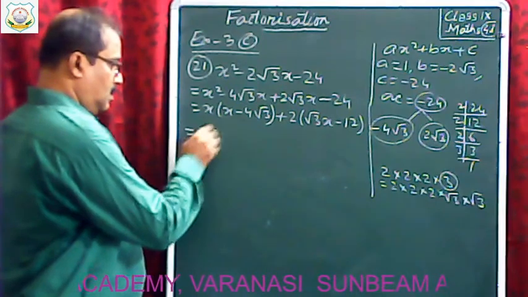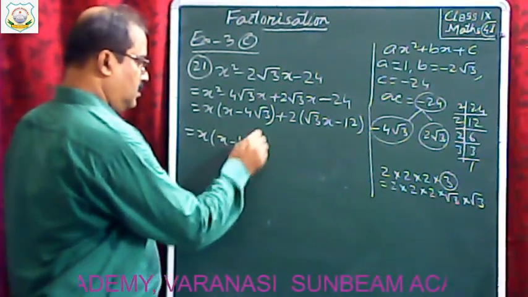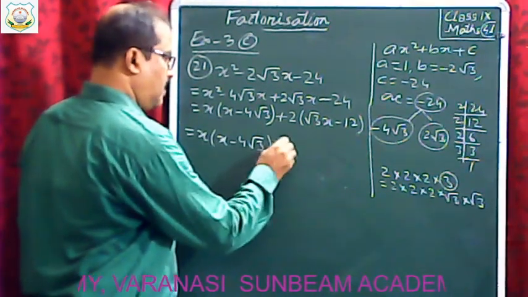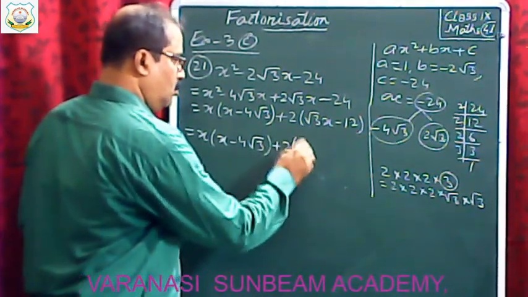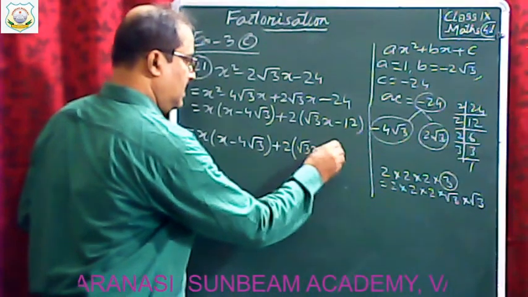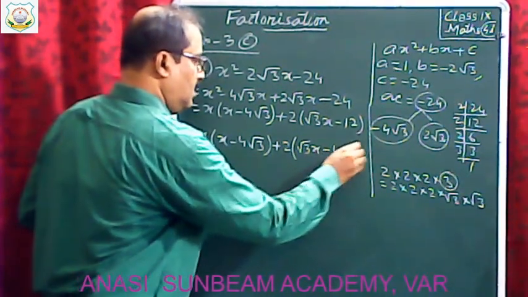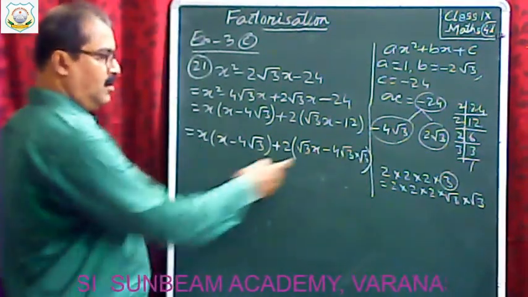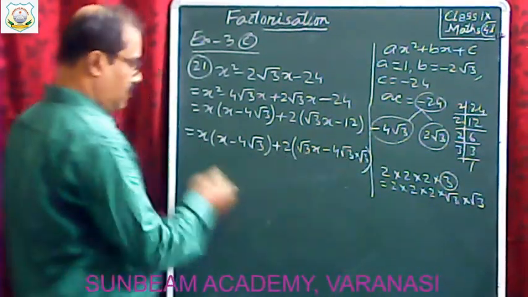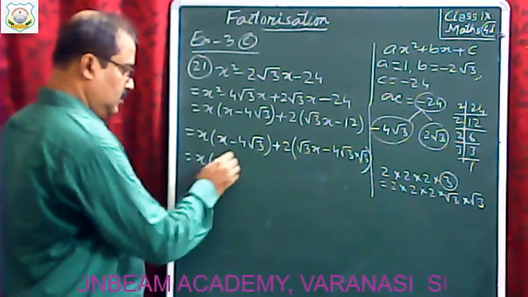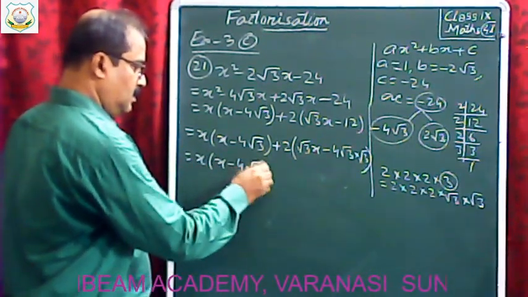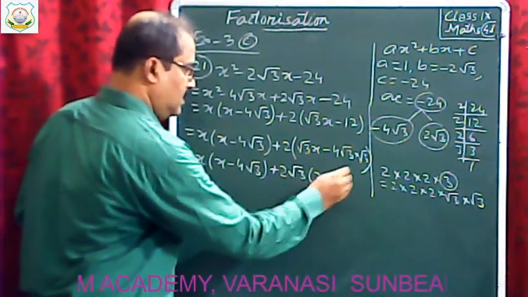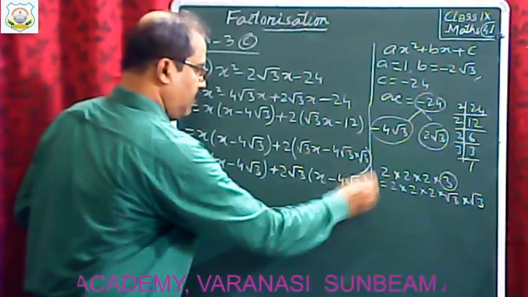So x minus 4 root 3 plus 2 root 3x minus 4 root 3 into root 3. Now take out root 3 as common: x minus 4 root 3 plus 2 root 3, take out common, so x minus 4 root 3 left within the bracket.